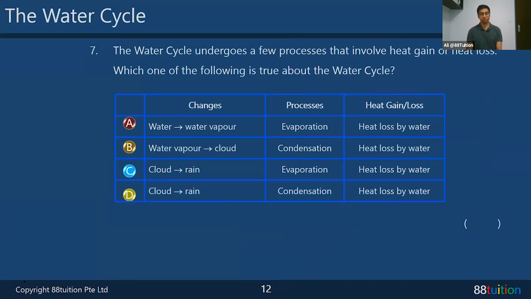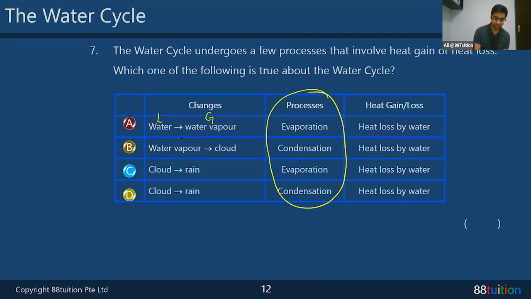The water cycle undergoes a few processes that involve heat gain or heat loss. Which one of the following is true about the water cycle? Again, I want to highlight this part because many of you make mistakes here. The rest usually is okay. Water to water vapor is liquid to gas, gas to liquid.